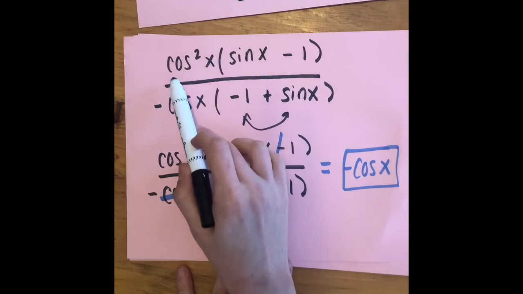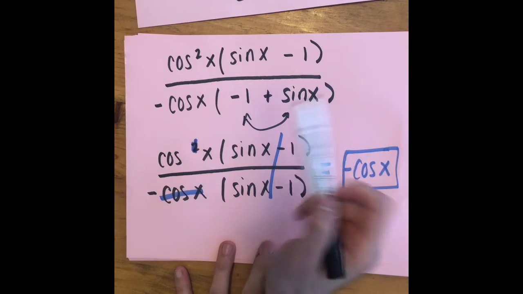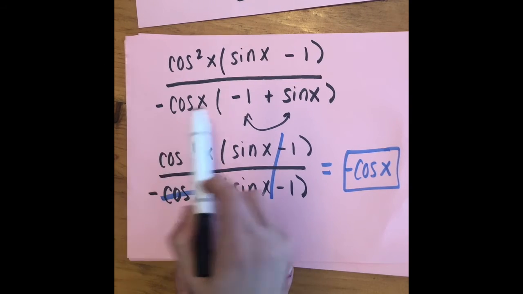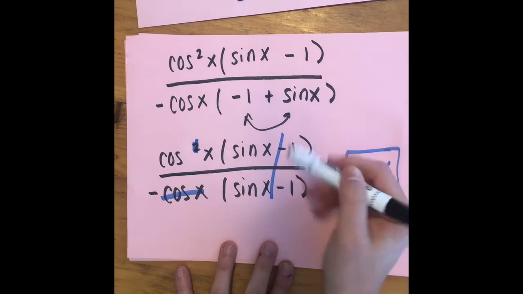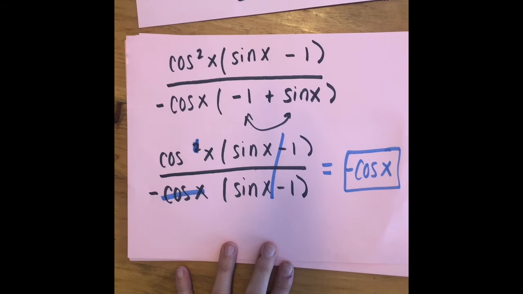When I do that, I'm left with cosine squared x, sine x minus 1. The idea here is we want stuff to cancel. So when I factor out the negative cosine of x, I get negative 1 plus sine x, which is really the same thing. They cancel. This becomes just cosine. That cosine leaves us, and we're left with negative cosine of x.